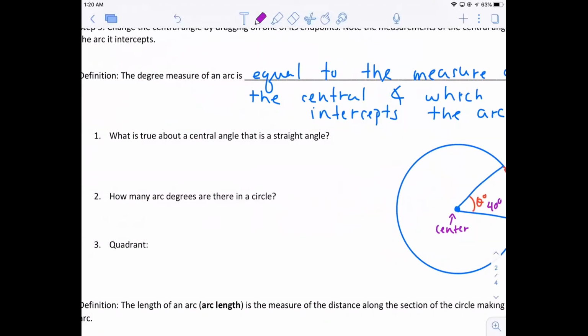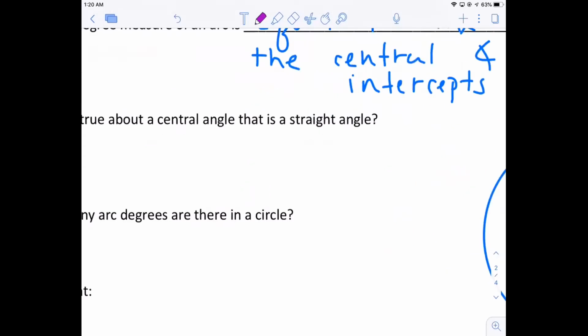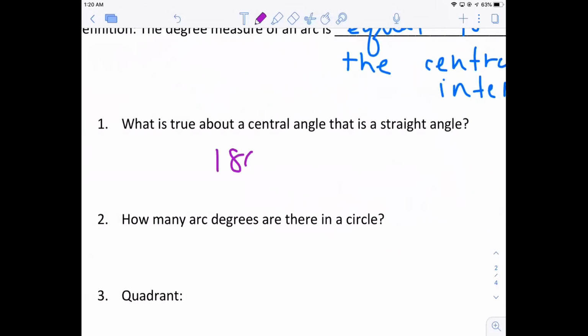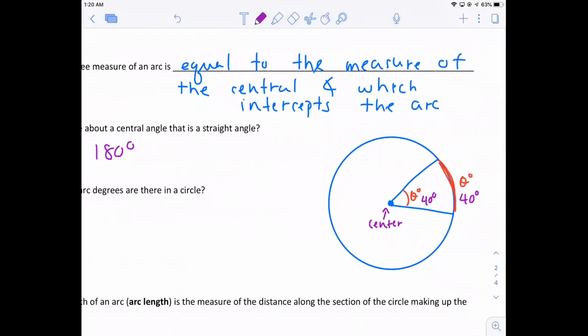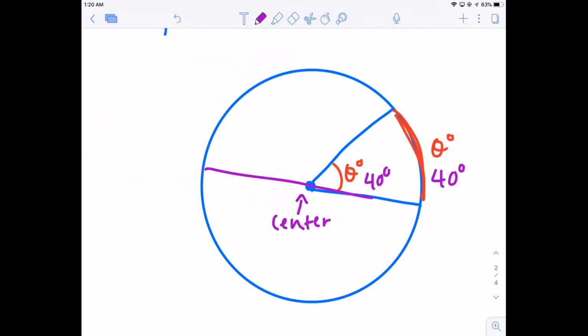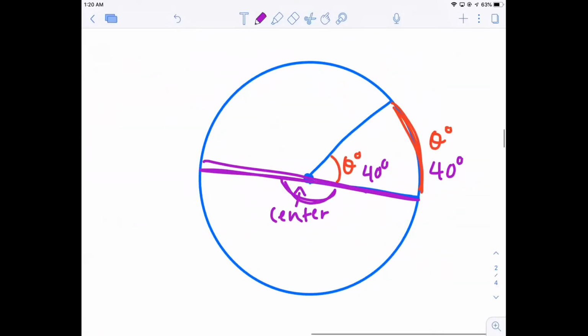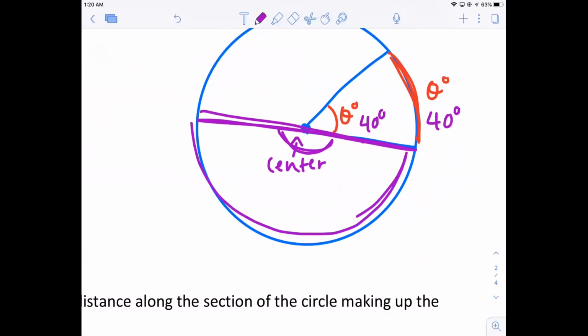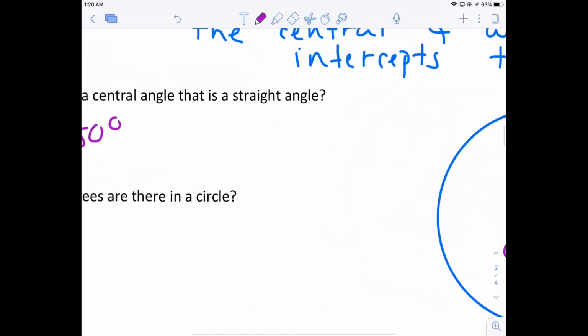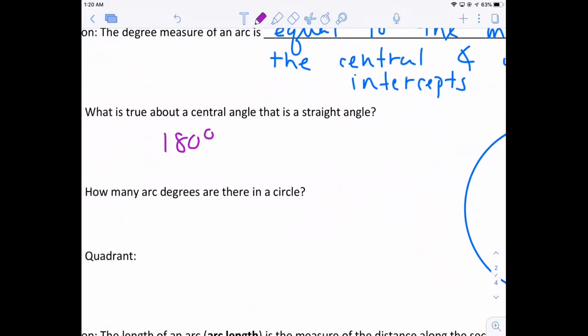What is true about a central angle that is a straight angle? That is going to be 180 degrees. And like we were talking about earlier, if that's 180 degrees, then that is half the circle. That is a semicircle. And a diameter is also going to be forming that straight angle.